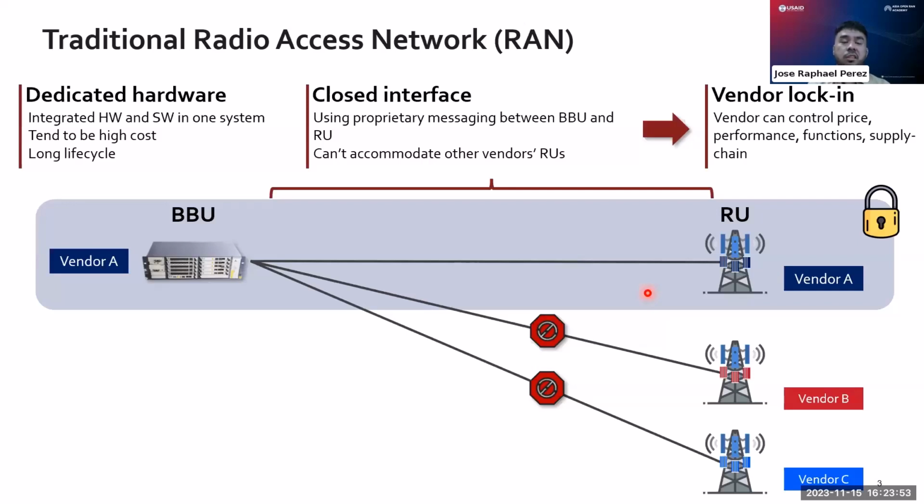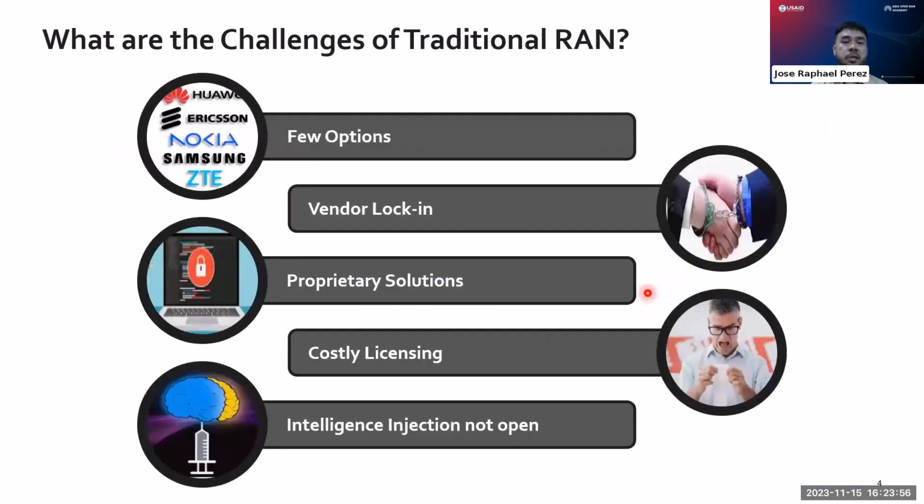In detail, these are the challenges we are experiencing for the current RAN today. First, there are few options. The RAN space is ruled by a select few telco equipment vendors worldwide, and their solutions are proprietary, which means telcos will be locked into a certain vendor.